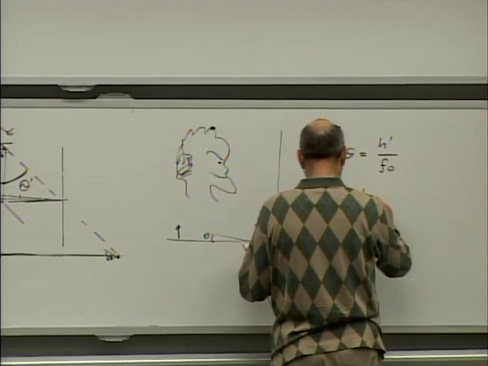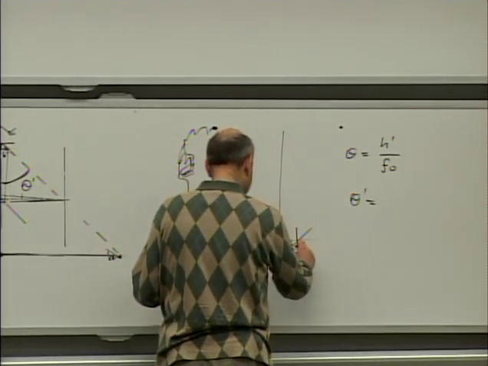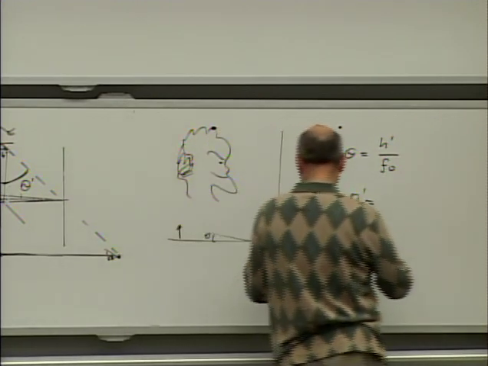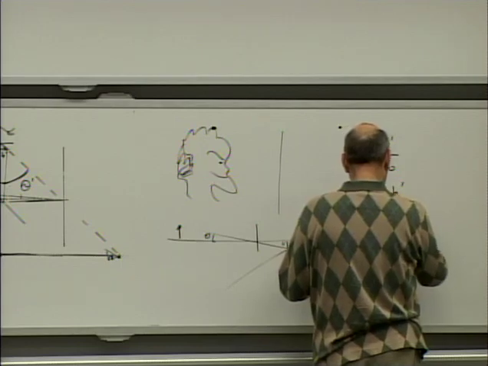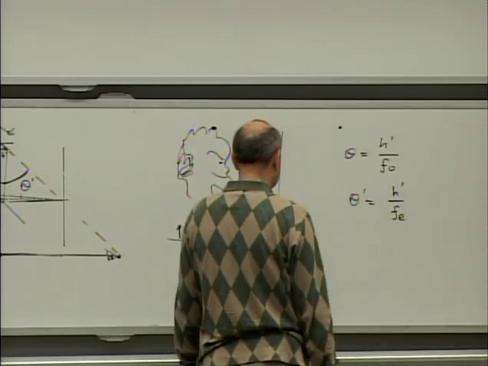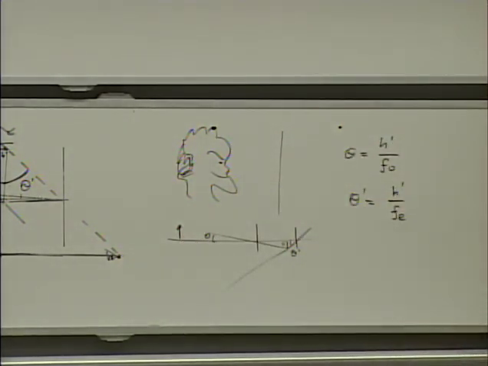And theta prime, this was theta prime, was height divided by focal length of the eyepiece. How did we do that? No, this is microscope, the telescope.